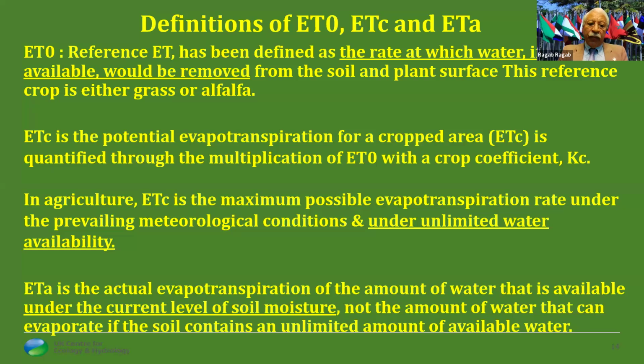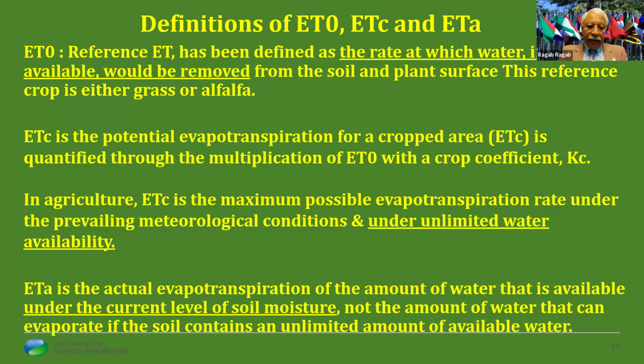And that reference crop could be alfalfa or grass. ETc is the potential evapotranspiration for a cropped area. It is quantified through the multiplication of ETo with the crop coefficient Kc, which is another problem. In agriculture, ETc is the maximum possible evapotranspiration rate under the prevailing meteorological conditions under unlimited water availability.